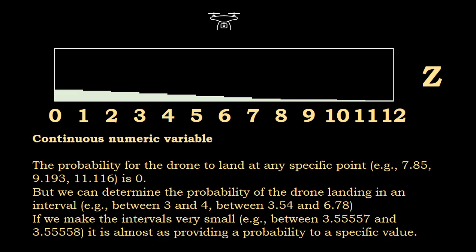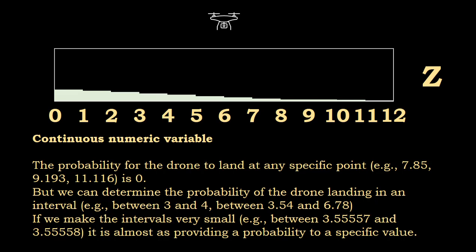Well, because there is an infinite number of values, and if you divide the total probability, which is 1, among an infinite number of values, then you get an infinitesimally small probability for a point in the city, and we cannot assign any probability to that.